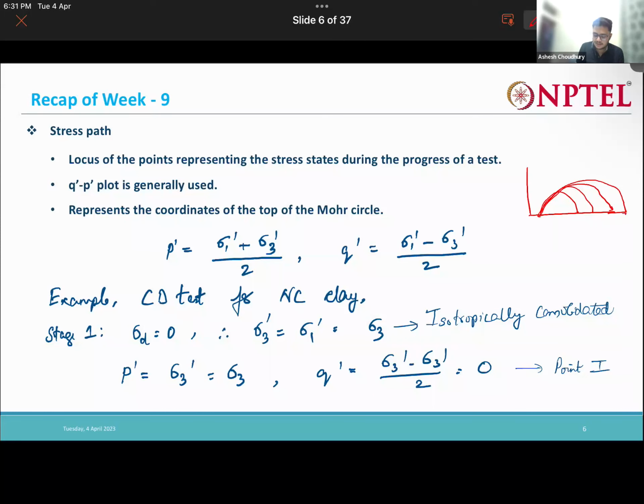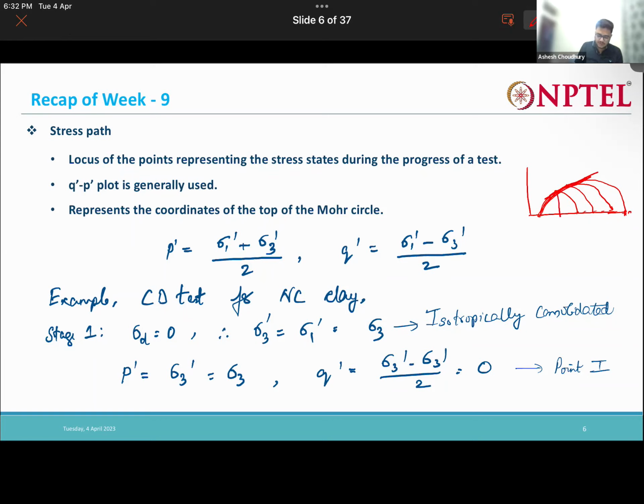This is the failure sigma 1 value. This is the progress of the test, and it represents the top coordinate of the Mohr circle.